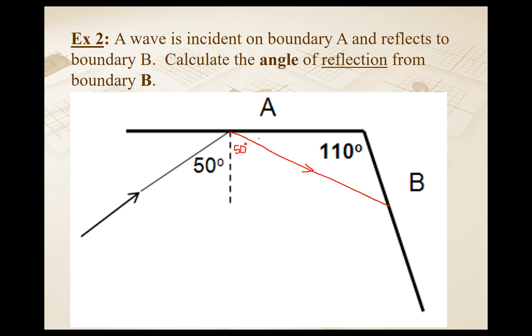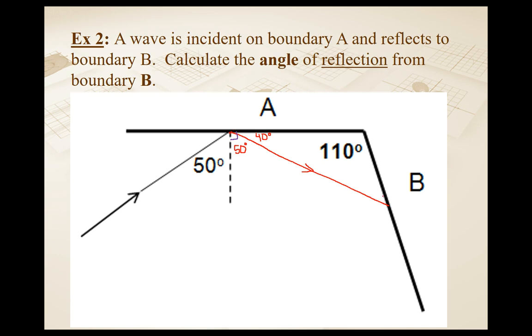Now, we can get this interior angle in the triangle because we know that the normal line is always perpendicular to the surface that the wave ray reflects off of. So if that's 90 degrees, then this interior angle must be 40 degrees.